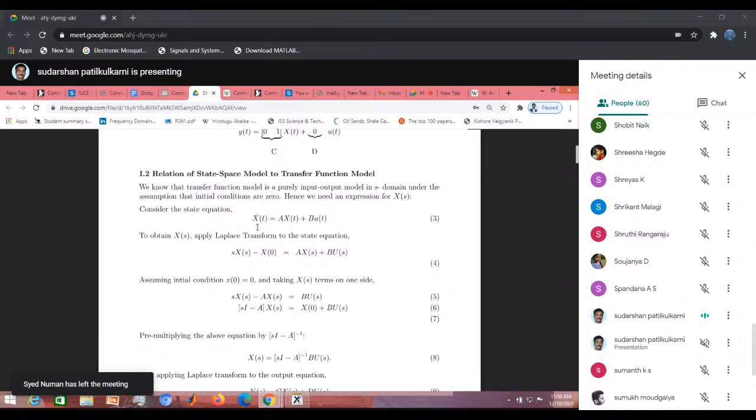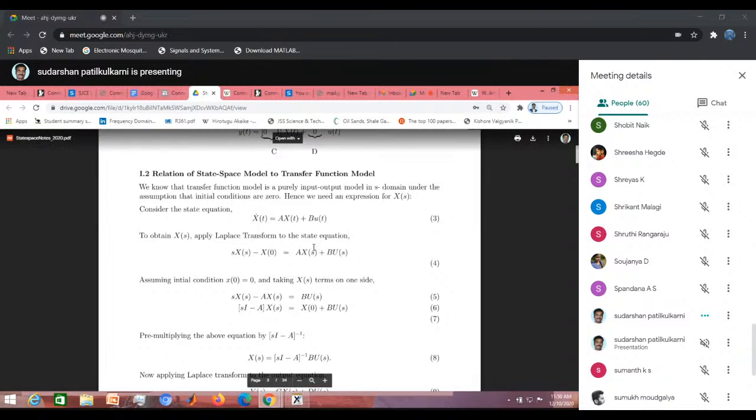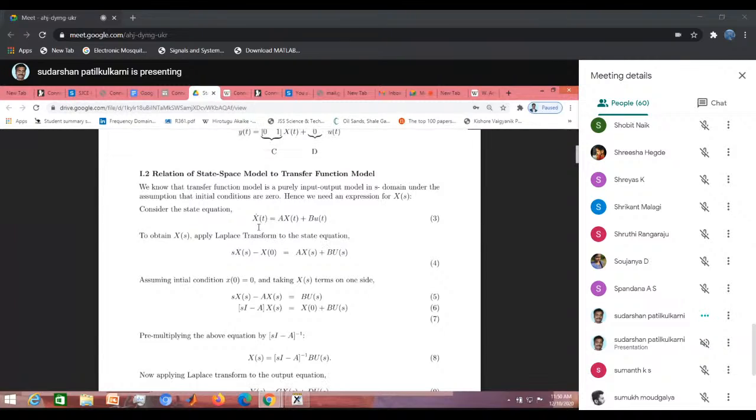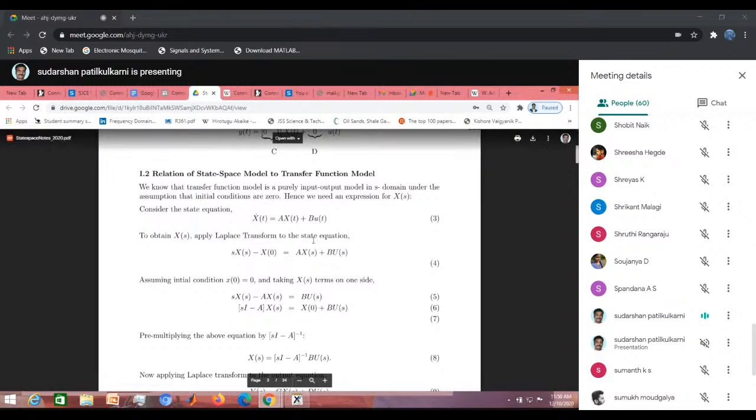Therefore, X of s needs to be eliminated. Eliminated in the sense we need to express X of s in terms of U of s. Then wherever there is X, we can just write it in terms of U and get a whole equation only in terms of Y and U.